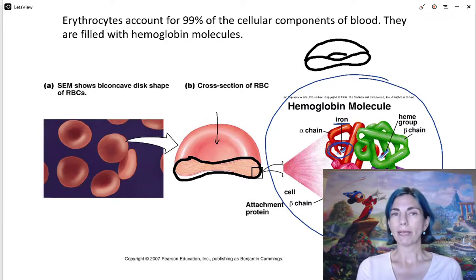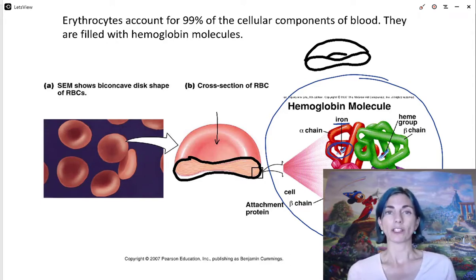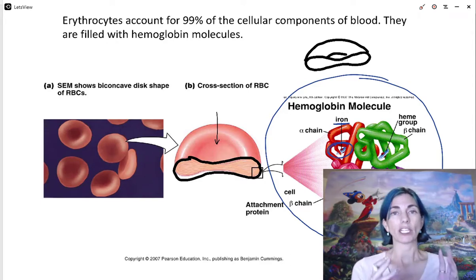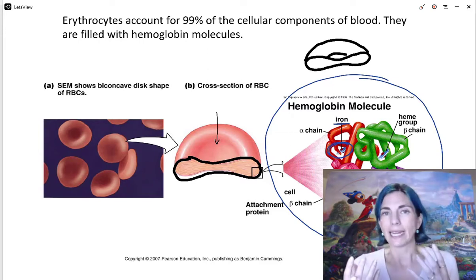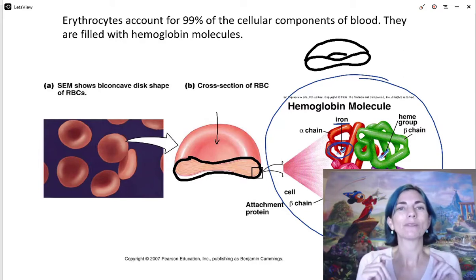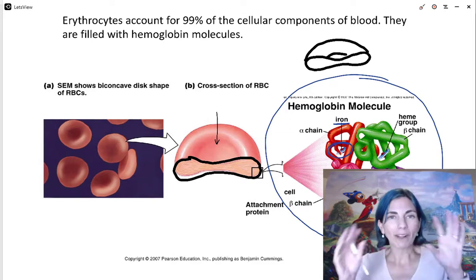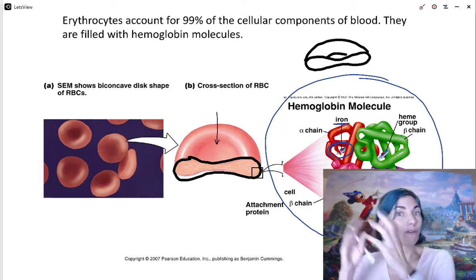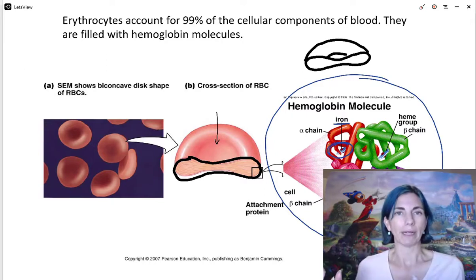And that is what we mean by the structure-function relationship. This idea that we can modify the structure so that it's optimized for its function. Here we have a cell willing to give up the soul of its identity, the nucleus. Why? Because it takes up too much room. So the red blood cell is like, wait a minute, if I get rid of this nucleus, then I have extra room for more hemoglobin.